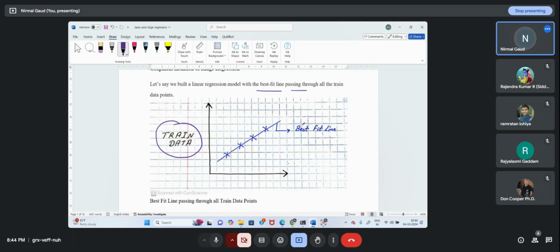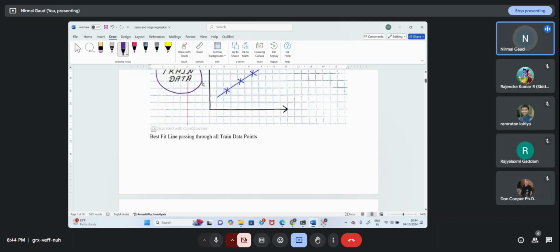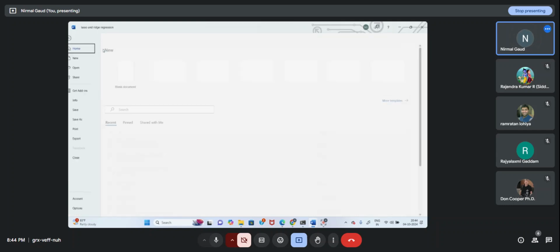If it's 2D, we are going to build a linear regression model that will be the best fit line when all the training data points come over this line. Training data coming over this line means what?